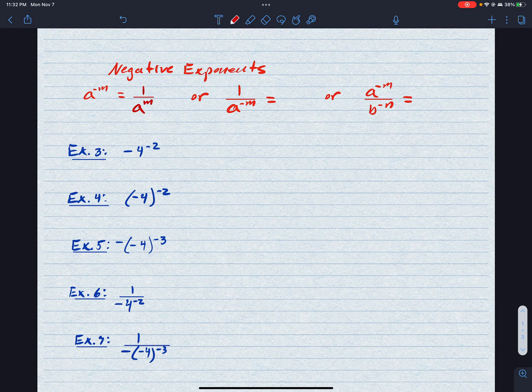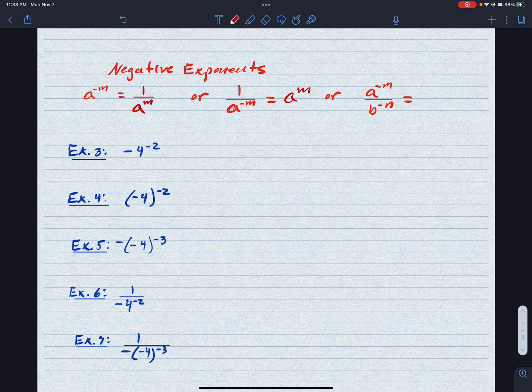All right? But it works the other way also. In this second definition, the a to the negative m is in the denominator to begin with. And so the negative is going to take that whole thing and move it up. So now we get a to the positive m when it shifts up.